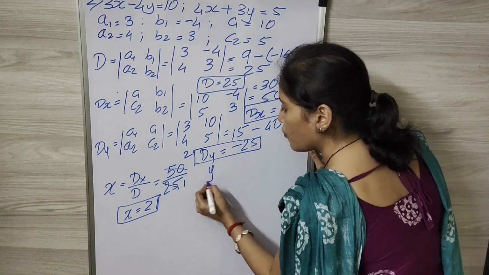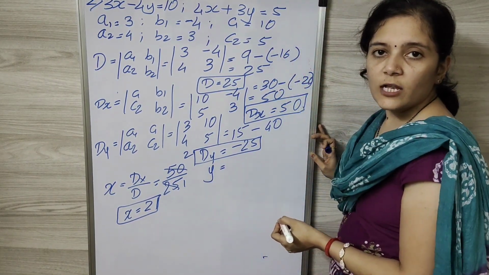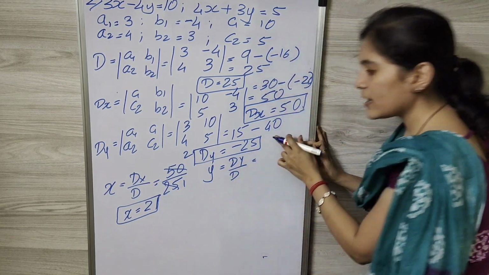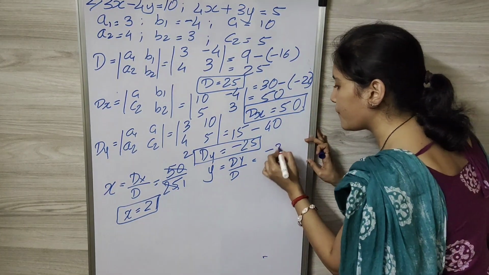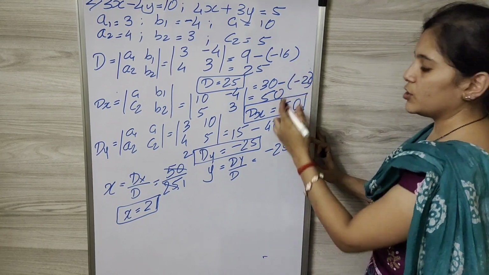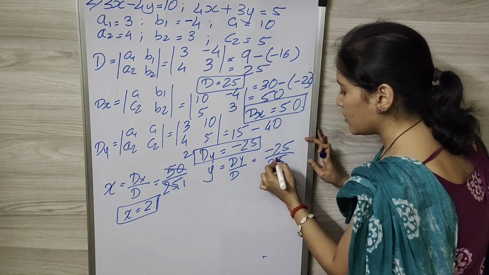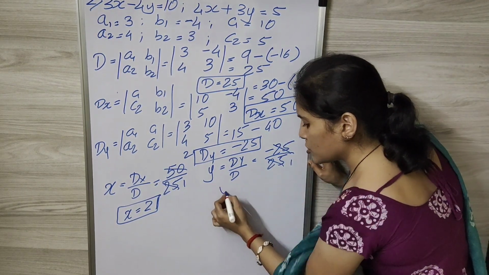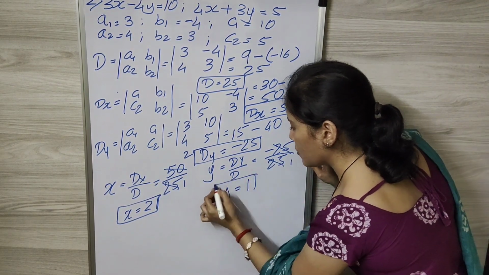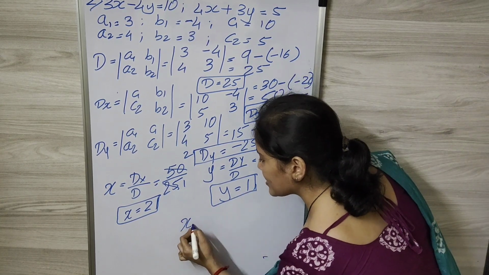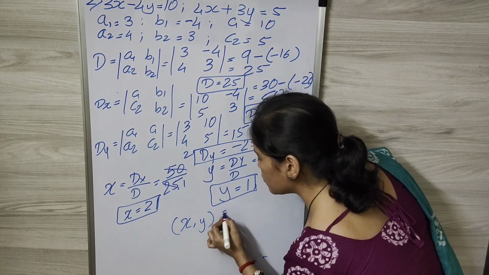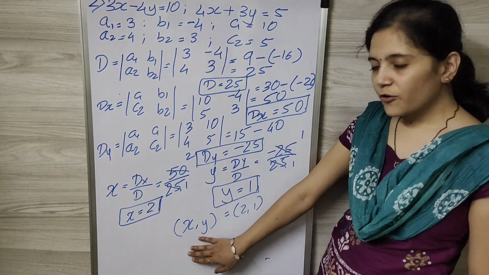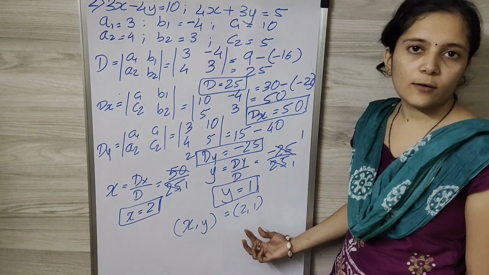Now y. Now for y, the formula is dy by d. dy is minus 25 and d is 25. 25 ones are 25, 25 ones are 25. So the value of y is 1. So x comma y is equals to 2 comma 1. Okay. The value of x and y is 2 comma 1.